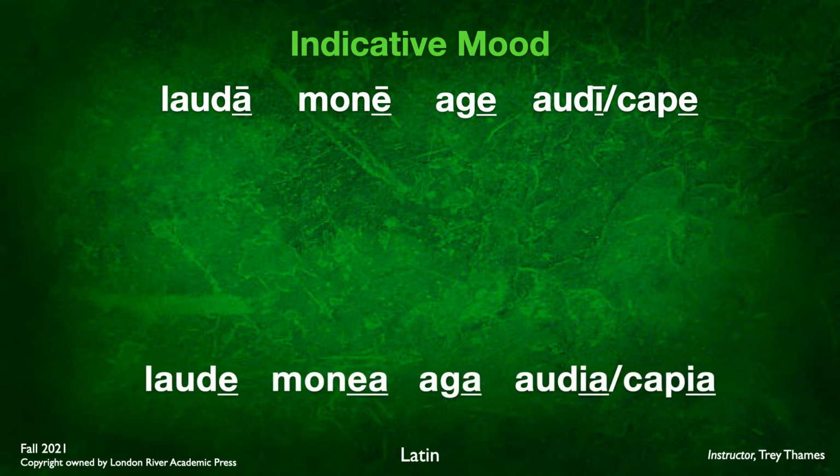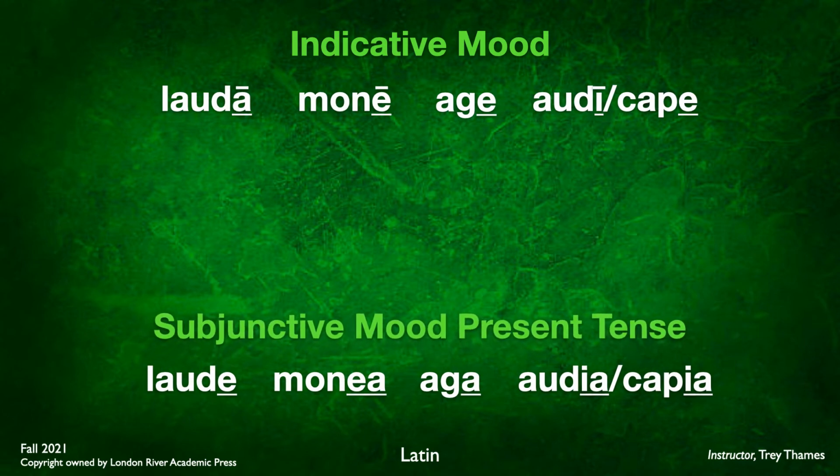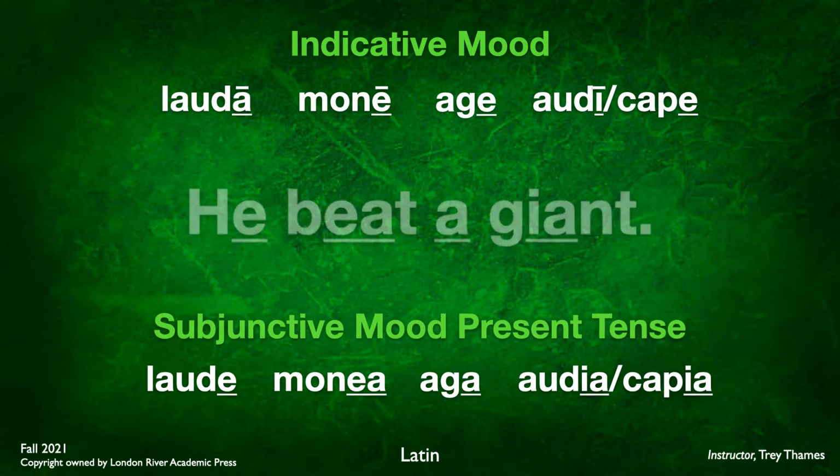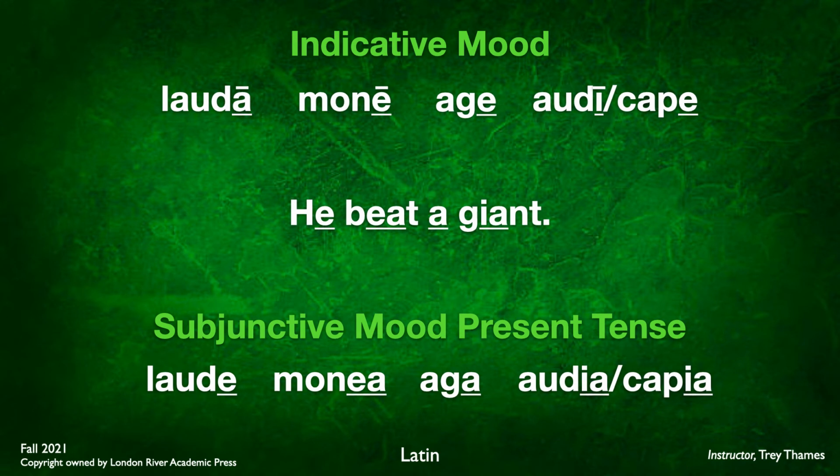Now what we're going to see here is that we're going to shift these vowels according to this mnemonic device. "He beat a giant." So first conjugation shifts from the long A to an E, for "he." The second conjugation verbs, as shown here, moneo, we're going to shift from a long E to an EA, from "he beat," EA. So it becomes monea, monea.